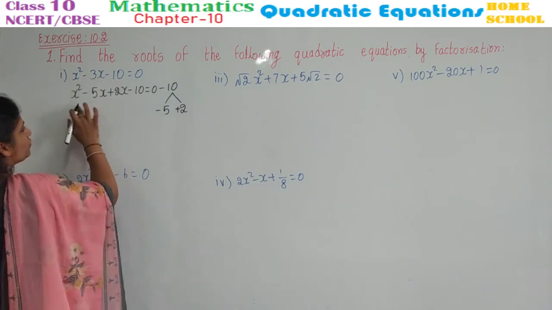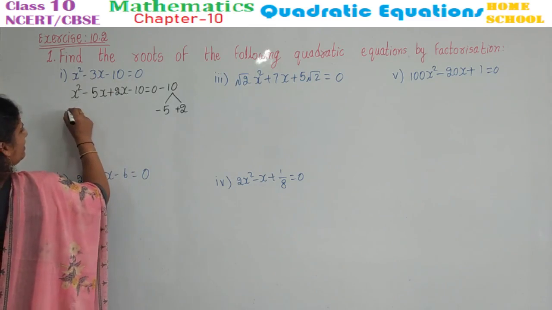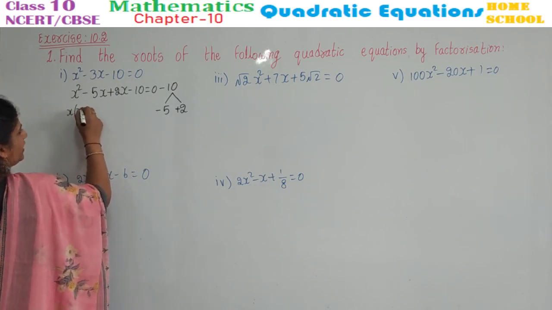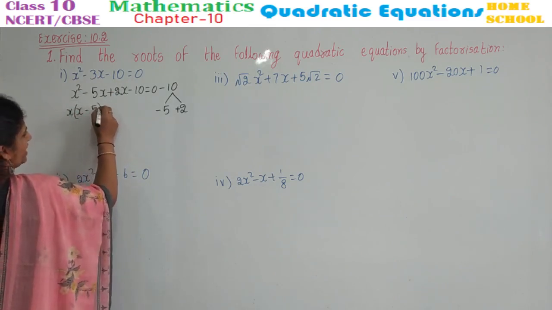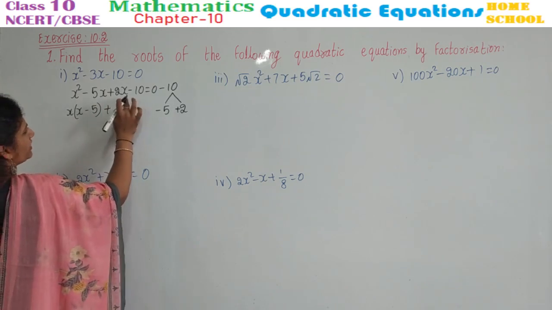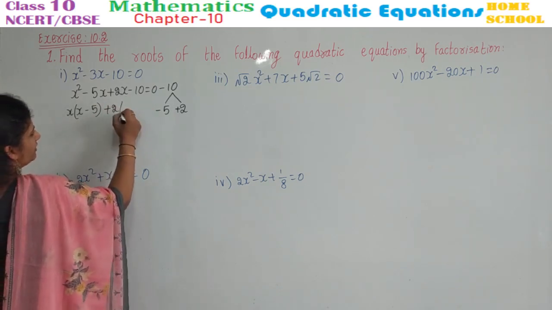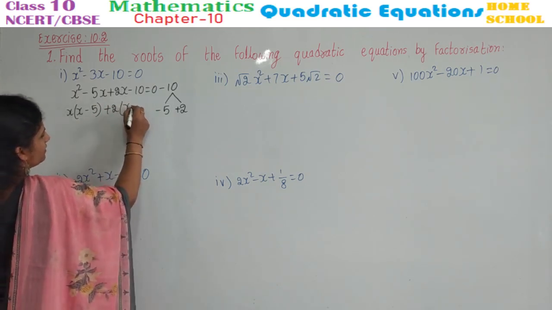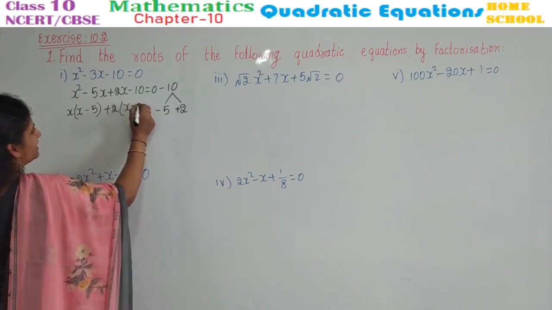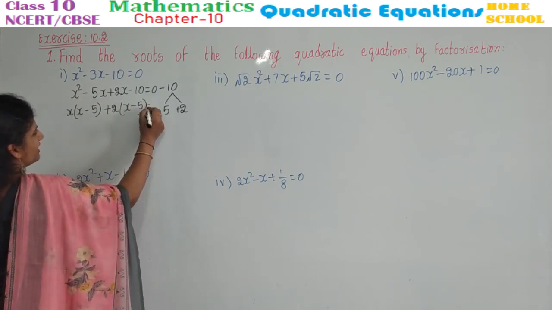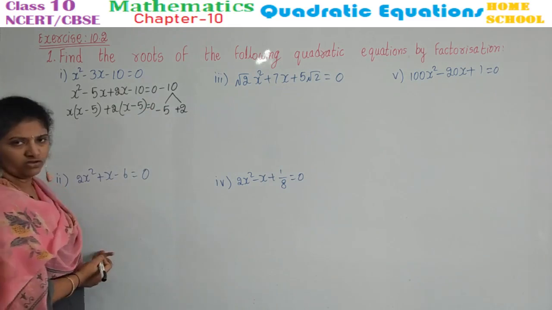Now in these two, anything is common? X is common. Remove that. X minus 5. And in these two, what is common? 2 is common. Take out x minus 2 5s are 10, so 5 will be left inside. That will be equal to 0.